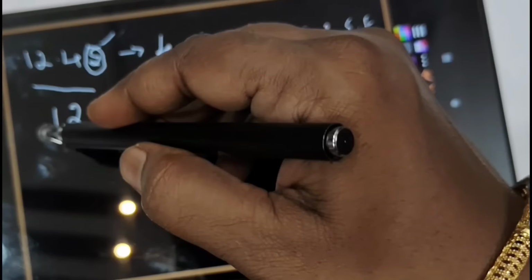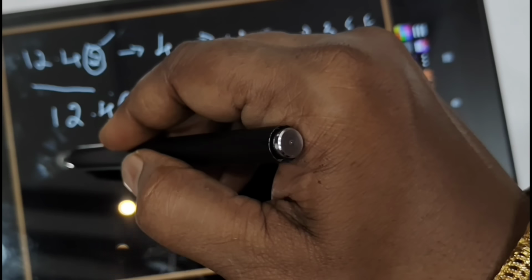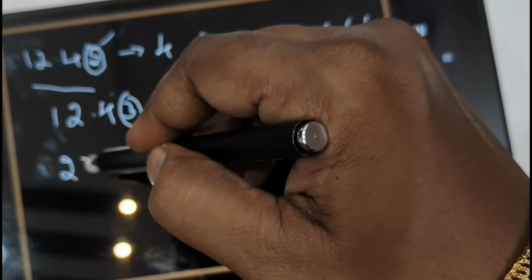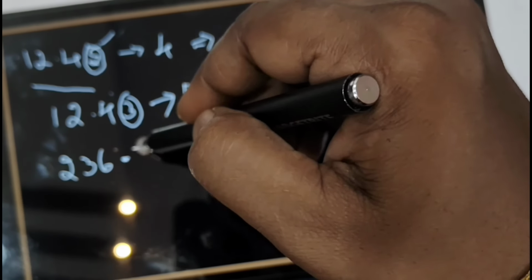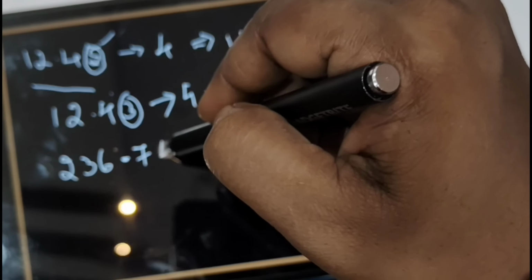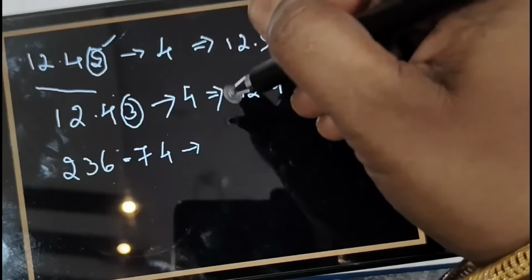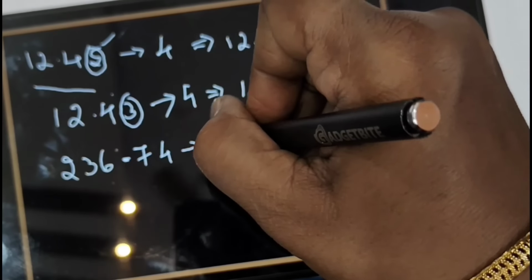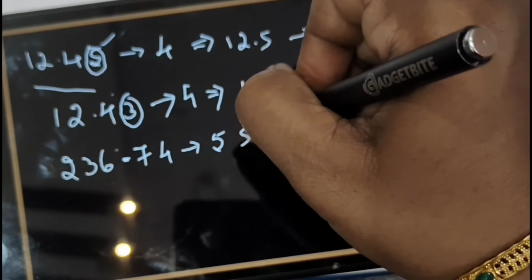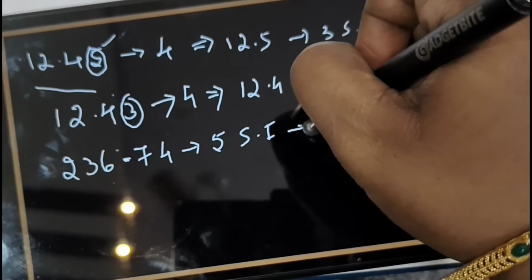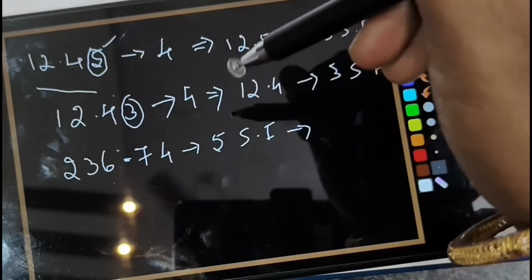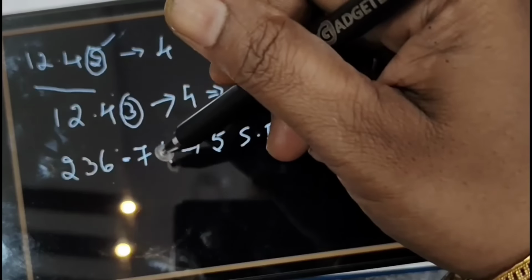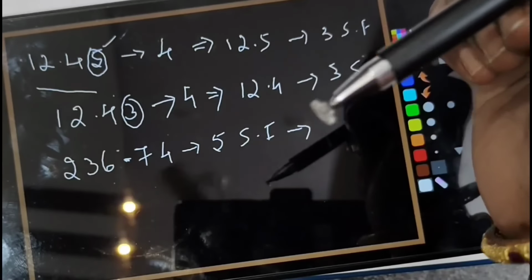Another example I will give you. So suppose it is 236.74. So here how many significant figures are there? There are 5 significant figures. Okay. Now the question is asked like find the round off to 4 significant figures or 3 significant.